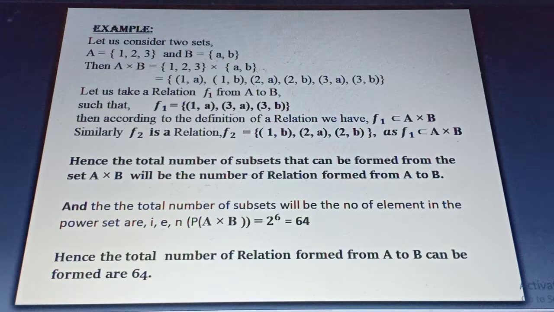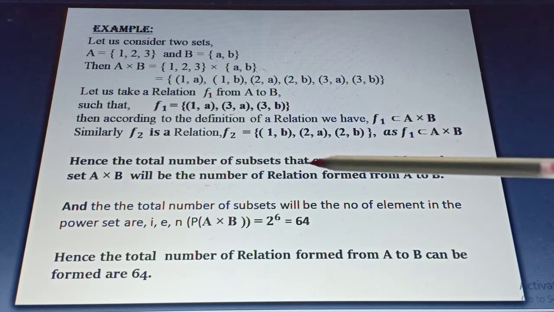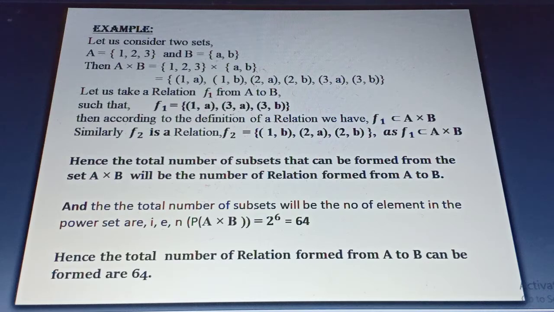So what is the definition of power set? Power set means the possible number of subsets that can be formed from a particular set. So the total number of subsets that can be formed from A cross B will be the number of relations formed from A to B, and this is nothing but the size of the power set.